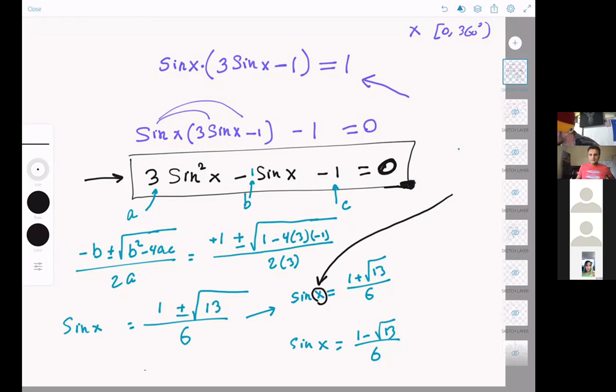We don't know it. So we're going to say x equal to sine inverse of 1 plus root 13 over 6. The inverse gives us the decimal point. Also, x equal to sine inverse of 1 minus root 13 over 6.